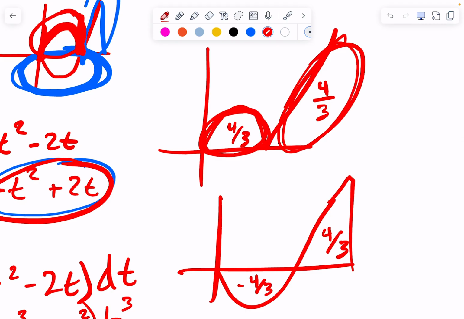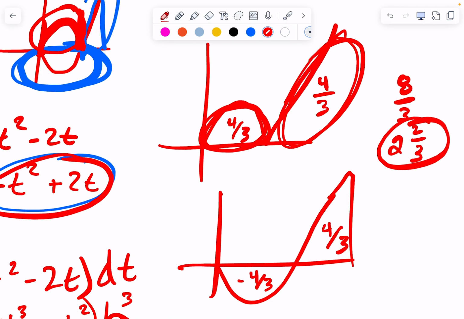So we have 8/3, which is 2 2/3. So 2 2/3 miles rather than traveling 0 miles. My distance was 2 2/3, but my displacement was 0. I'm getting back to the beginning. Displacement's 0, meaning that I started and ended at the same spot.